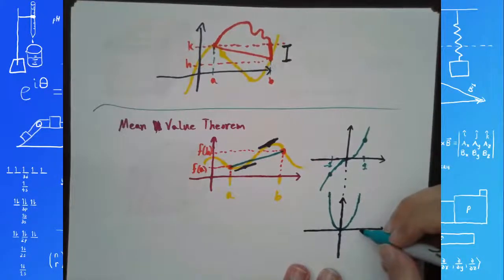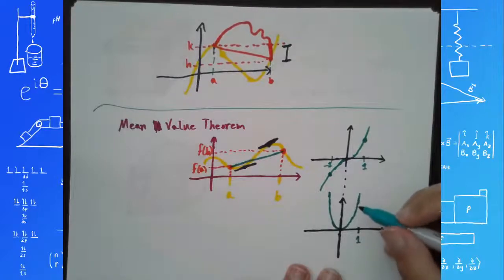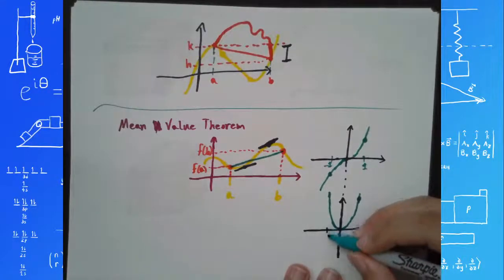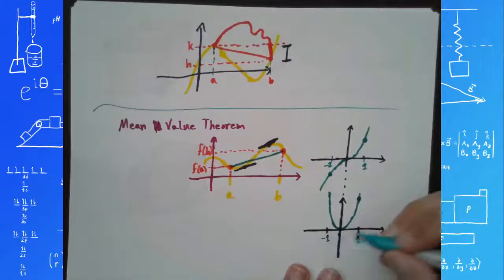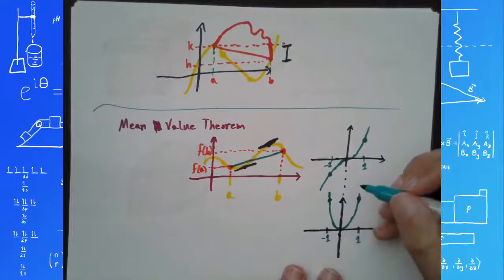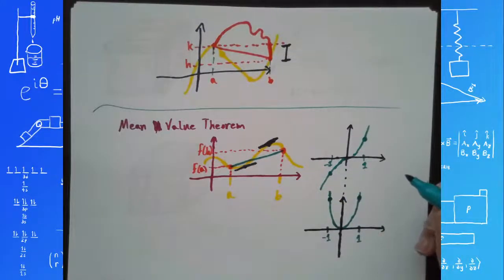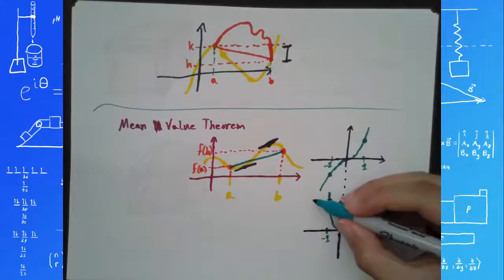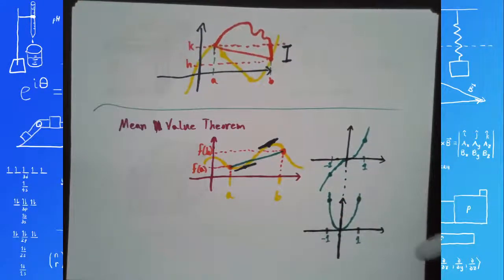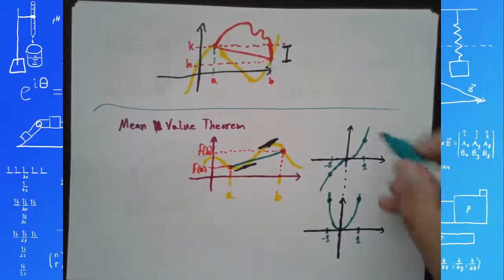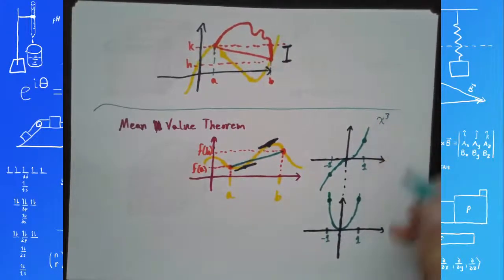And so let's see, at 1 and at -1, the graph of 3x squared would have a y value of 3. So that's x cubed, that's 3x squared.